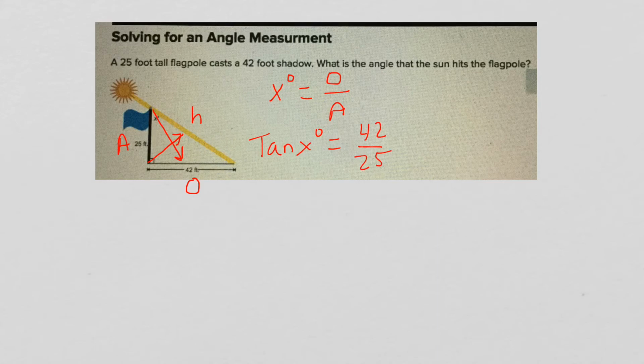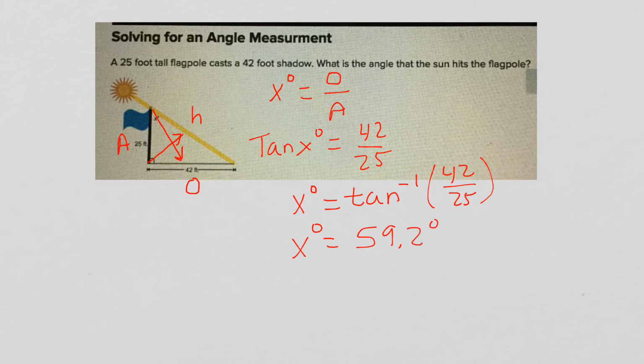Now, in this case, we're looking for an angle. So for the angle, we're going to have to use the inverse tan button on our calculator. So we're going to do inverse tan, and we're going to put the 42 over the 25 inside. And so our angle then is going to be 59.2 degrees. We're always rounding to the nearest tenth.